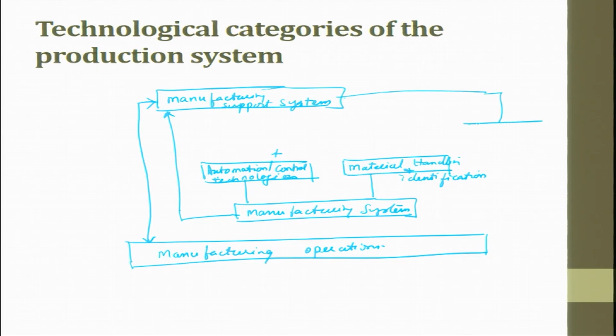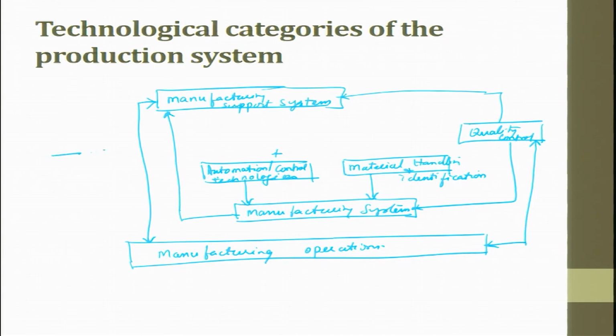wherein which we have not touched a new topic called quality control, and this in turn will be attached here, and this quality control is also attached with the manufacturing system, right. So, if you see here, manufacturing support group, manufacturing systems and manufacturing operations, quality control systems, and you have handling and identification.